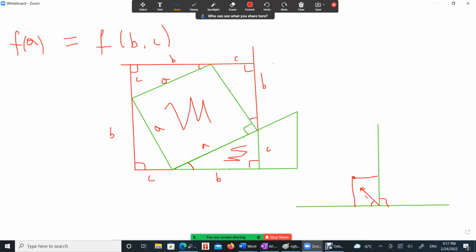Someone would say that this area, after some observation, plus this area, plus this area, plus this area, plus this area would equal the area of the larger square, the area of this square of side B plus C.